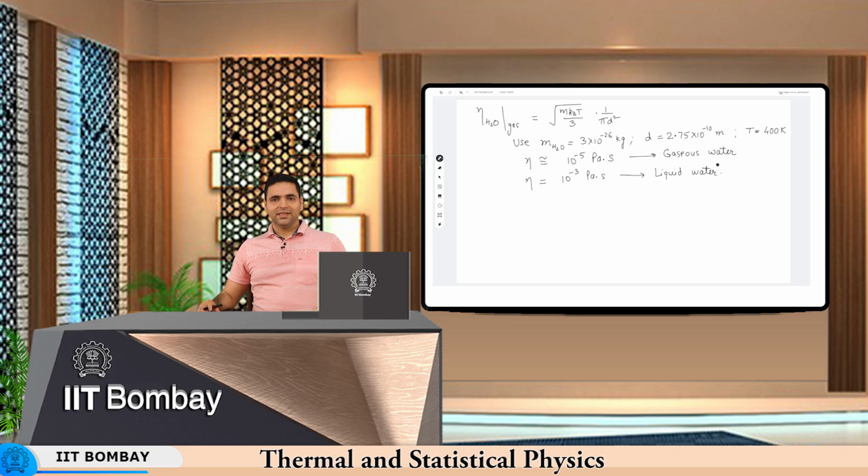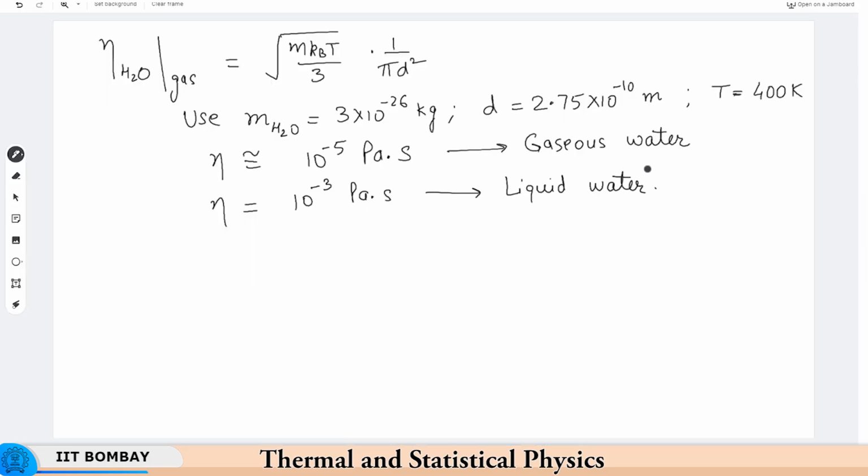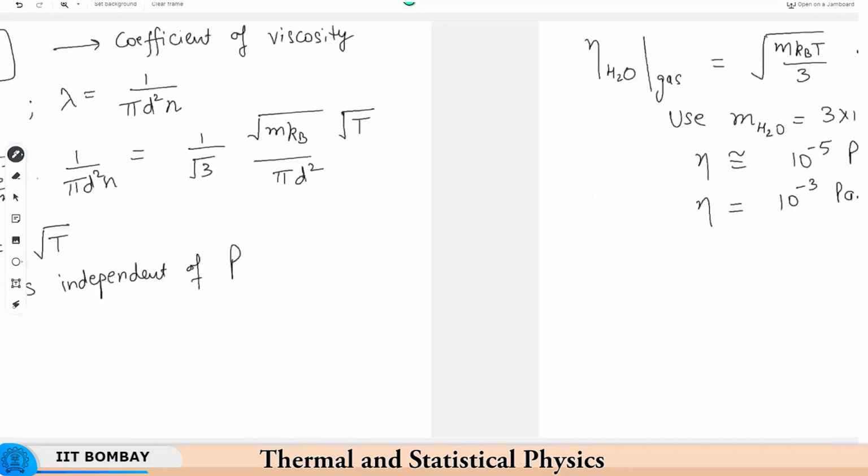You can easily see that in gaseous phase the viscosity is 2 orders of magnitude smaller than in liquid phase, which is natural to imagine, because in liquid phase molecules are much more tightly packed, close to each other, with considerable intermolecular interactions, and that leads to much more efficient momentum transfer. So if you flow water, it provides much more resistance to flow in liquid phase as compared to the gaseous phase.